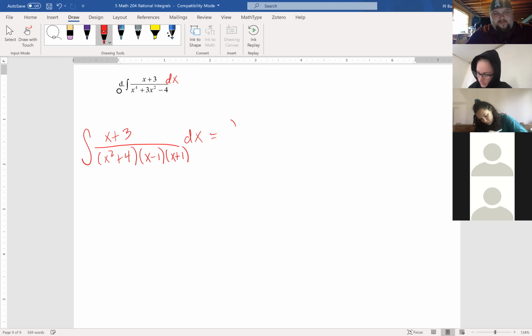This then we have to break into some constants over top of the pieces. So x squared plus 4, what kind of factor is that? Is it linear or quadratic? And is it distinct or repeated?